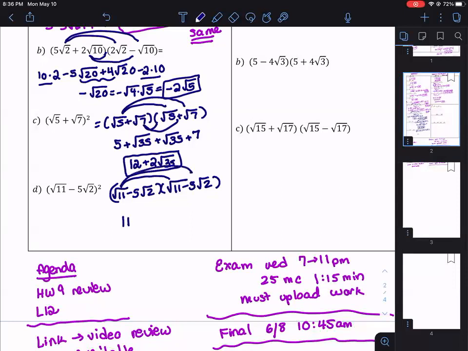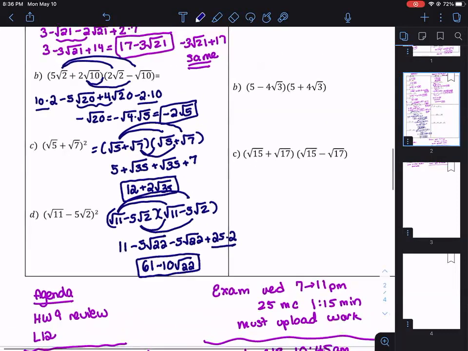Radical 11 and 5 radical 2 is negative 5 radical 22. Same deal in the middle terms. And then plus 25 times 2. This is 50. 50 plus 11 is going to be 61. And then we're going to have minus 10 radical 22.